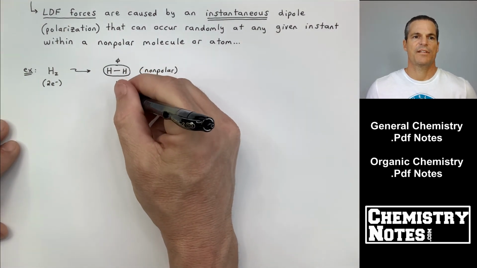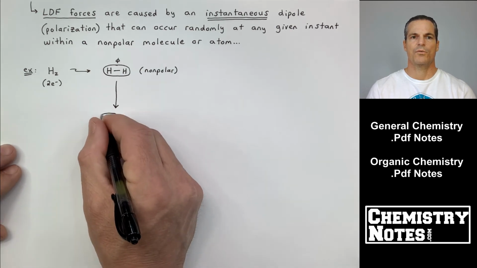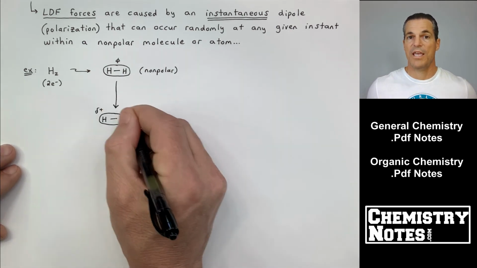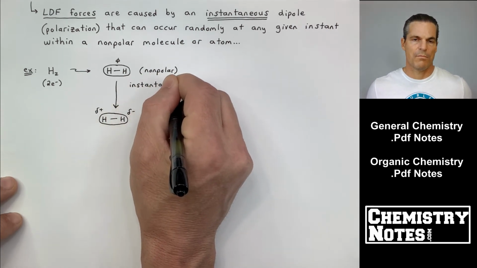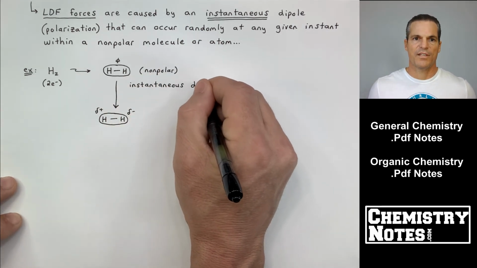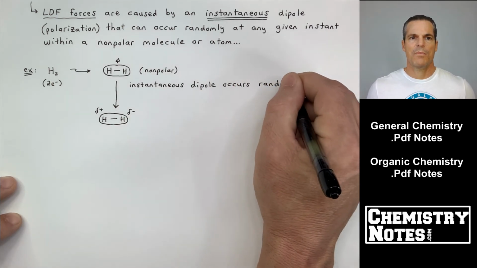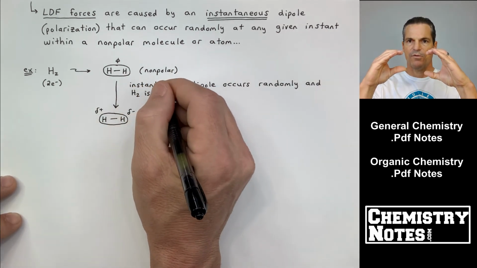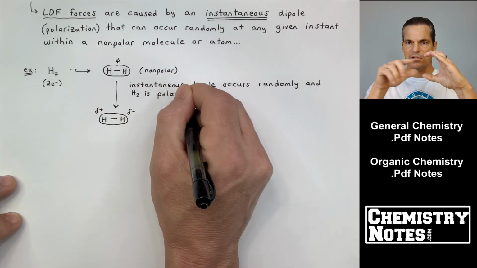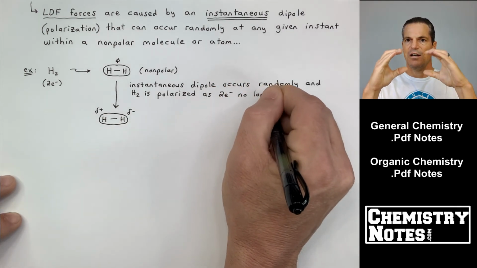So here I have an example where I have H2. And in the first one, I have H2 written as nonpolar, where it's behaving as it should. That's how H2 normally is almost all of the time. But at any given instant, for some reason, maybe of those 2 electrons in that H-H molecule, at some instant, because they're shared, right, we could have 2 of them on this side and none on this side.